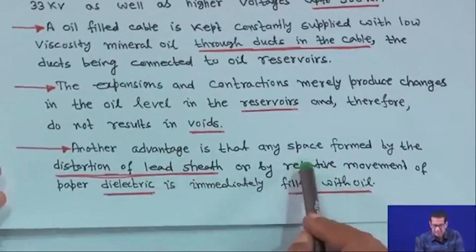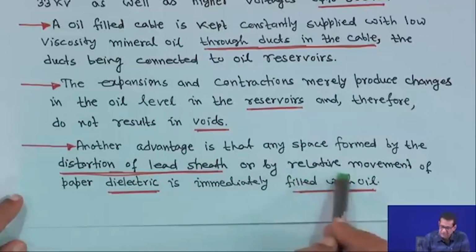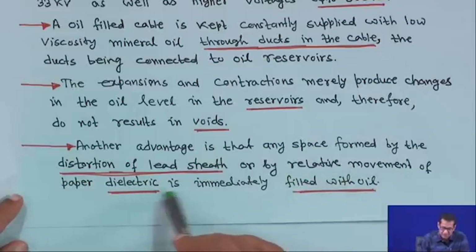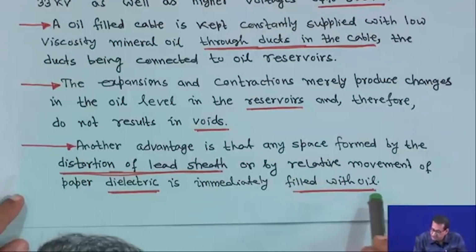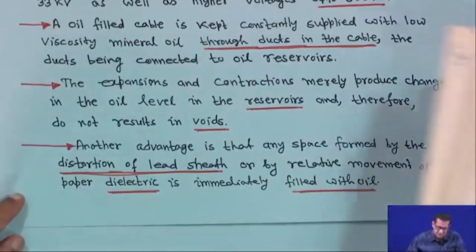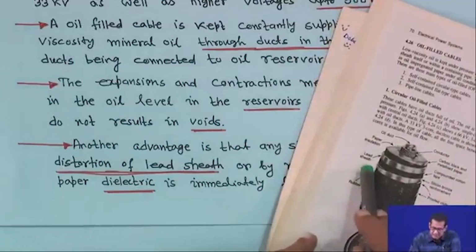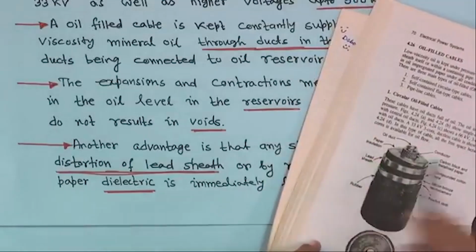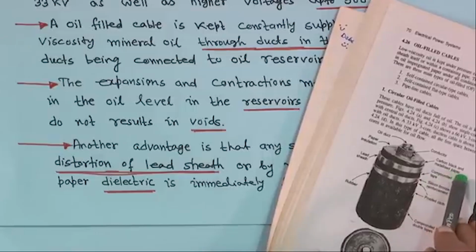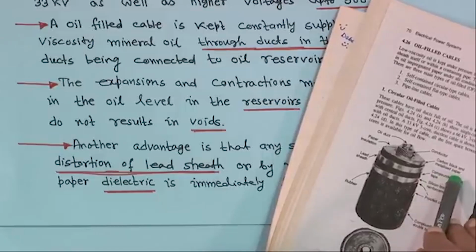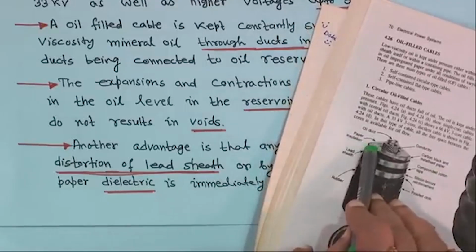Another advantage is that any space formed by the distortion of the lead sheath or by relative movement of the paper dielectric is immediately filled with oil. Here the lead sheath is there, then compounded cotton tape is there, then carbon black and metallized paper are also visible, then paper insulation is there.